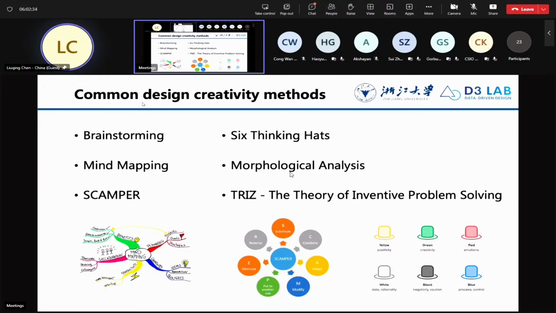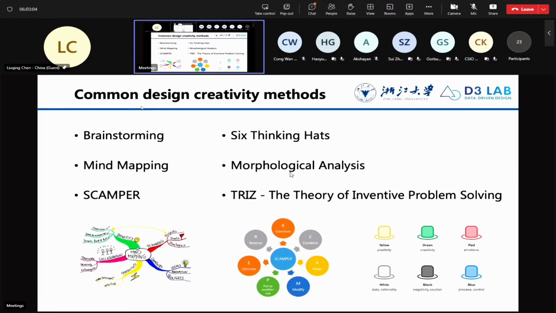Creativity plays an important role in the conceptual design process. Designers need creativity methods to provide them with stimuli and inspirations. Here are some common design creativity methods, such as brainstorming, which you may use frequently in a workshop. Some are problem-solving oriented methods, such as morphological analysis and trees.